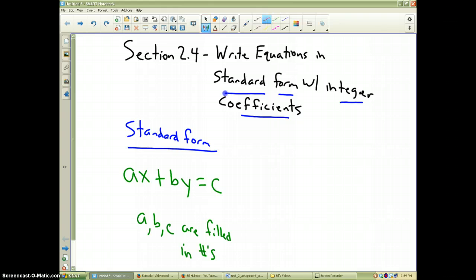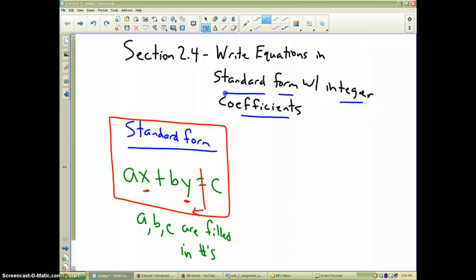Most important, the x variable and the y variable are both on the same side of the equal sign. That is standard form of a linear function.